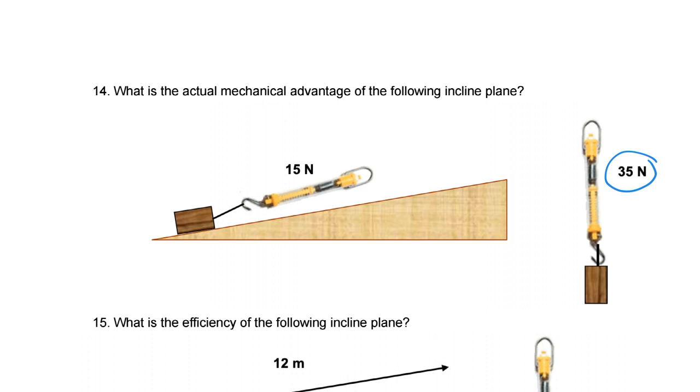Even though this brick is going to move to the right, it's also going straight up, so its output effort is 35 newtons. The input effort is right here. So that's output force and input force, and we just divide the two. 35 over 15 means that this inclined plane gave us a mechanical advantage of 2.33.